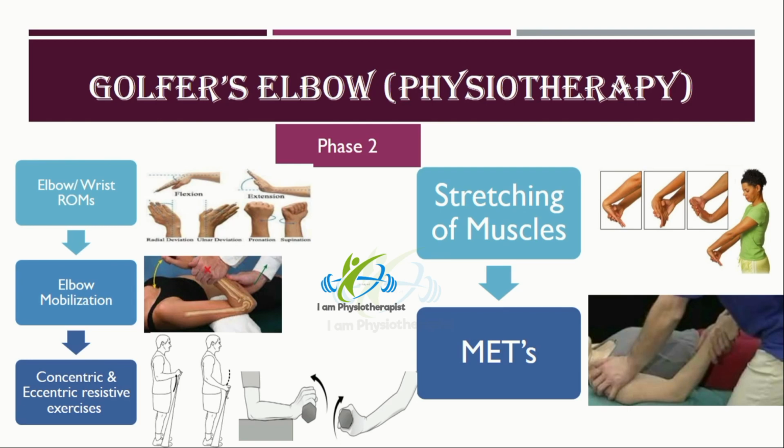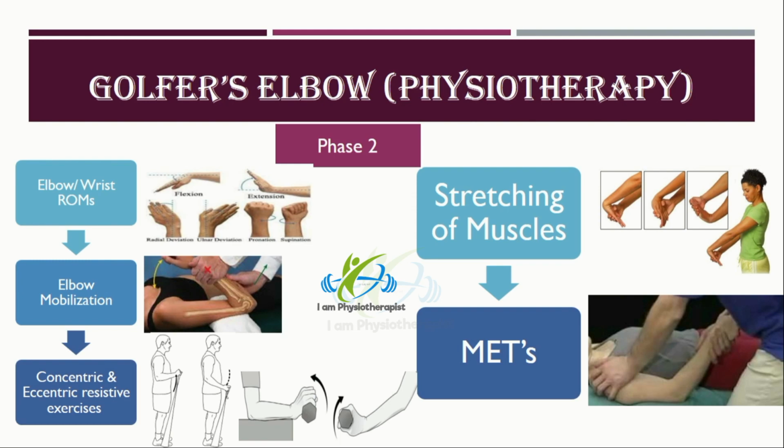The short-term analgesic effect of manipulation techniques may allow more vigorous stretching and strengthening exercises, resulting in a better and faster recovery. As the flexibility and the strength of the elbow area return, concentric and eccentric resistive exercises are added to the rehabilitation program.